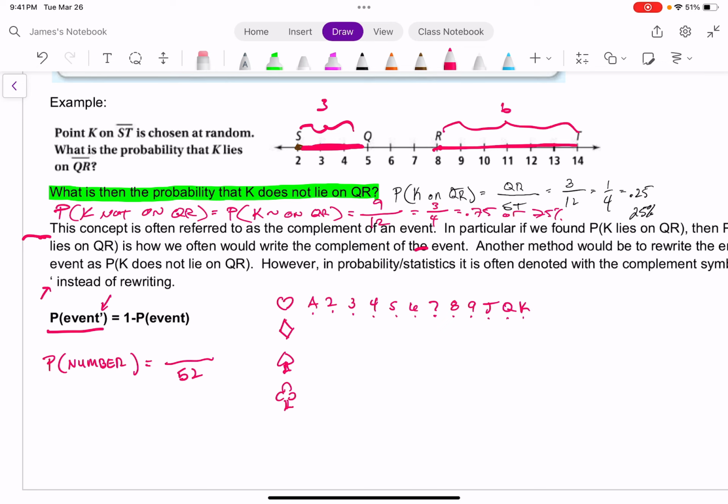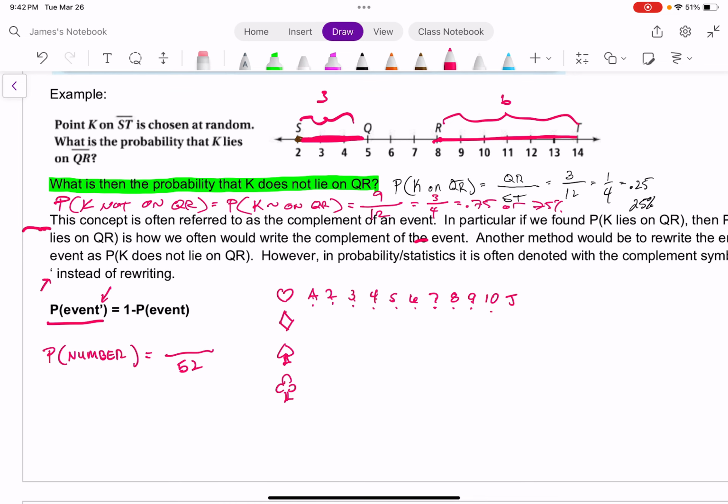I'm missing something. I'm sorry, I don't play enough cards. Missed my 10. And then the jack, the queen, and the king. There's 13 cards in a suit.